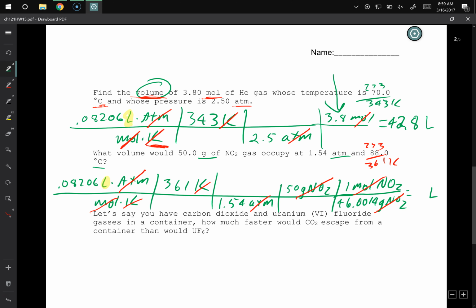So I'm going to get an answer with liters because that's the only unit that's left. 0.08206 times 50 divided by 1.54 times 361.